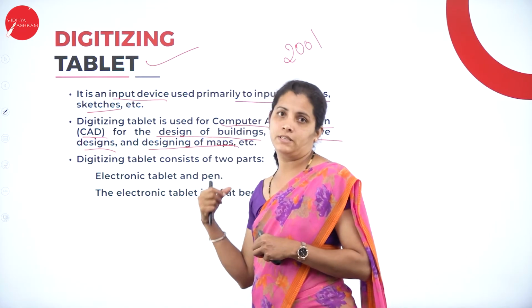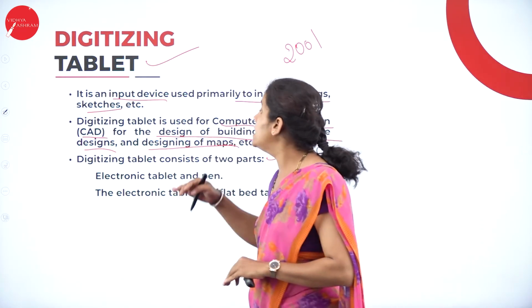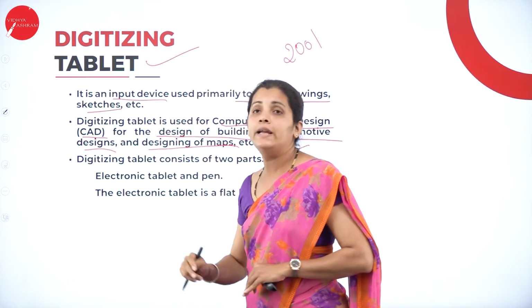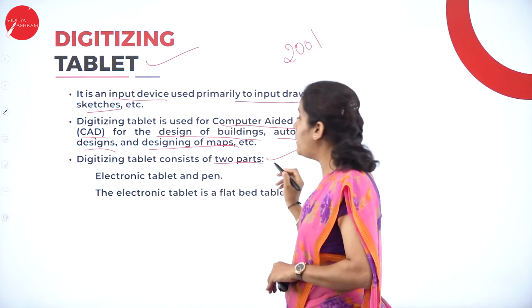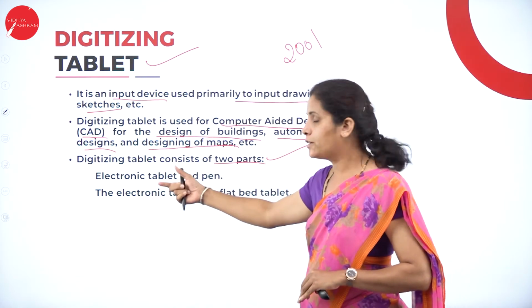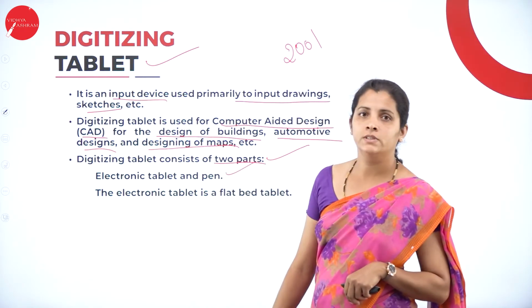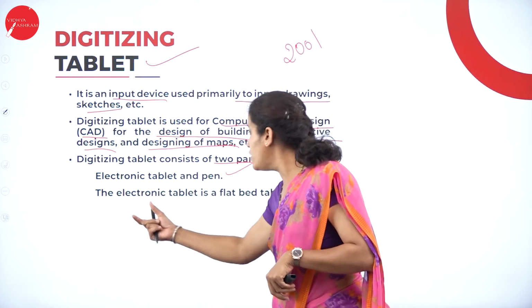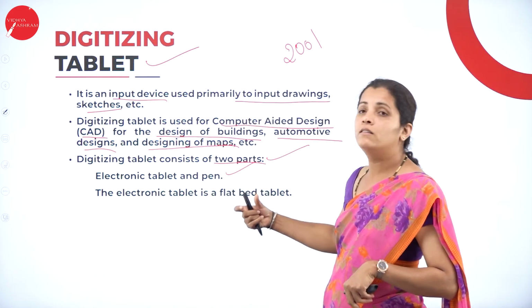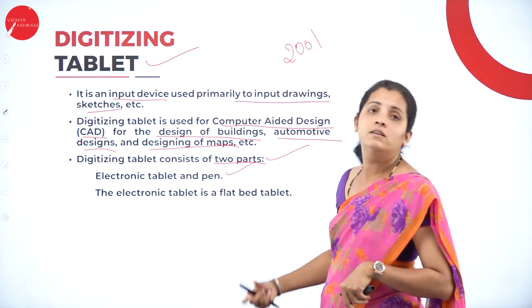Dear students, a digitizing tablet includes two parts: one is the electronic tablet and the other is the pen. The electronic tablet is a flat bed tablet.